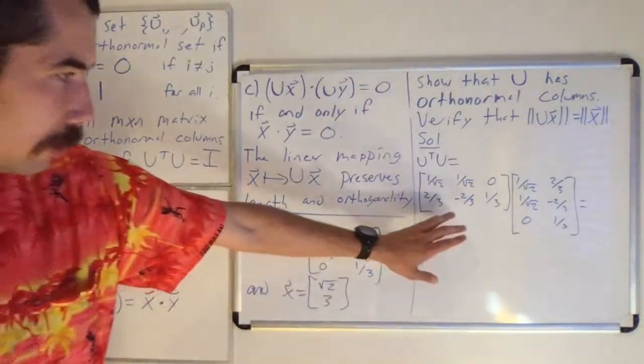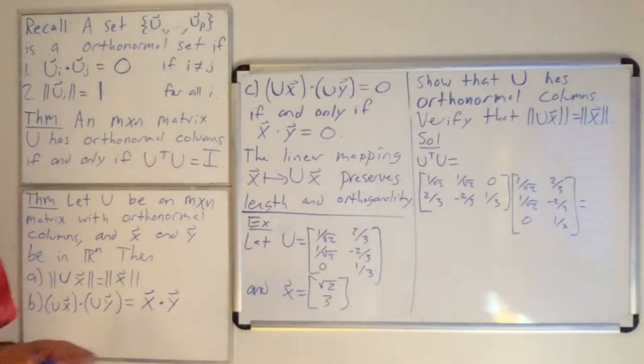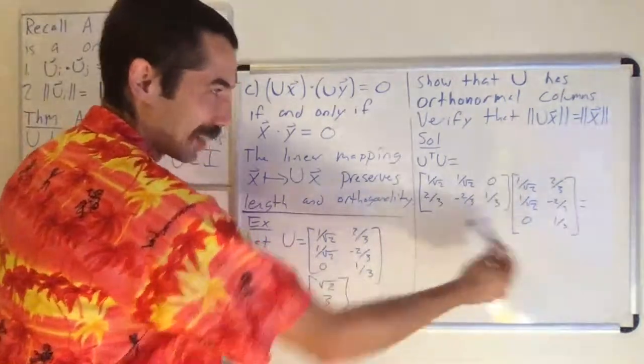Okay, so this is U transpose times U. All right, can I get a thumbs up in the chat if you remembered, or if you at least got this far?